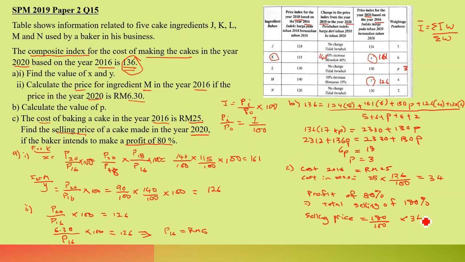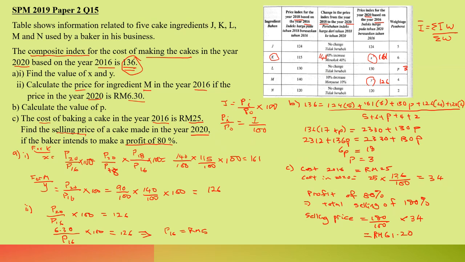So from here, your price will be RM61.20. Maybe this part you might get confused with the word profit. Just understand profit is whatever the selling price, on top of that, you want to get another 80%. So it becomes 180. Okay.